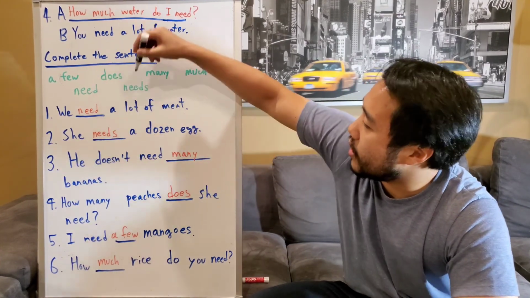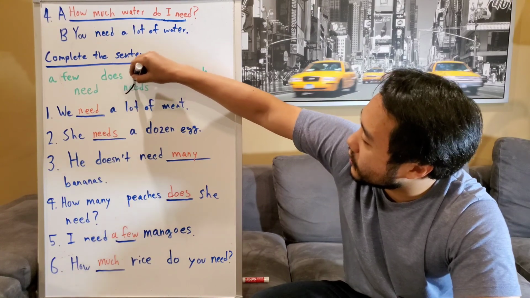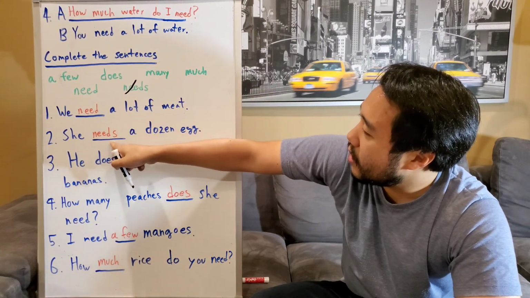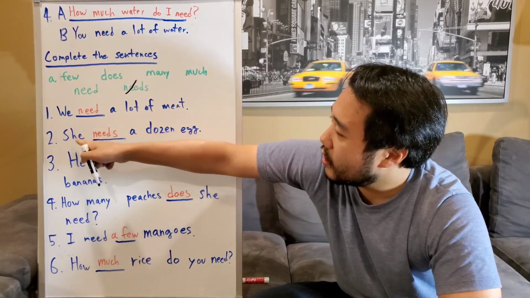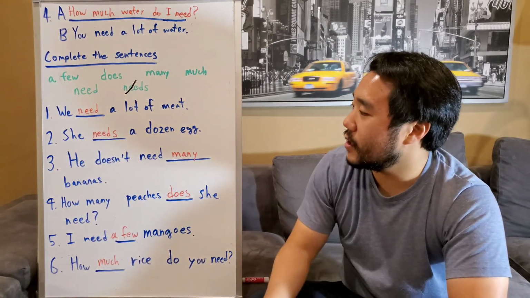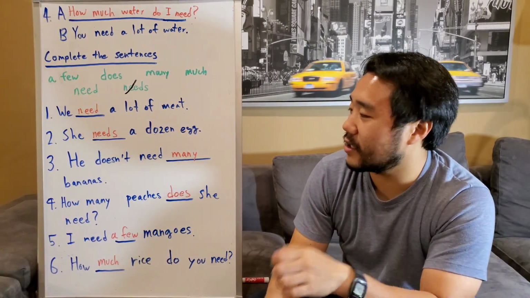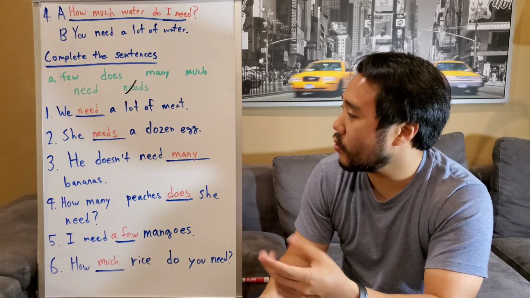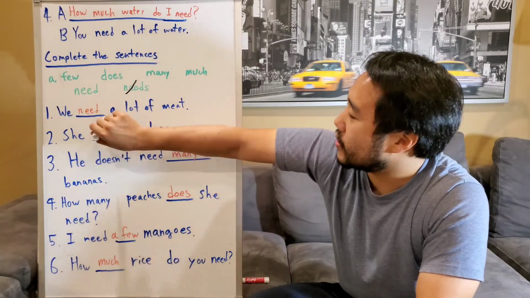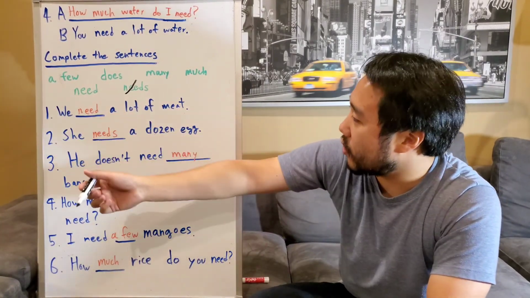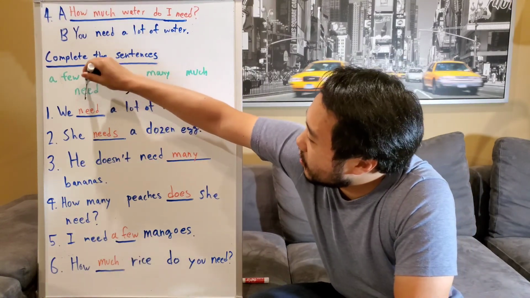So I knew that I can get rid of this. So she needs. And then if I look at we, it is not included in the she, he, or it category. So I know that it doesn't need a letter s, but we need a verb. So then I can cross this out.